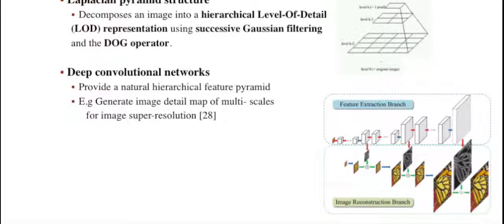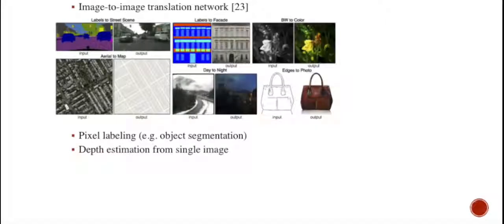The convolutional network provides a natural hierarchical feature pyramid for multi-scale information processing. The work of Lai in reference 28 utilizes a similarly deeply stacked network and feature maps to generate image detail maps of multiple scales for image super-resolution. Notably, the work utilized hierarchical features from a CNN for multi-scale processing.